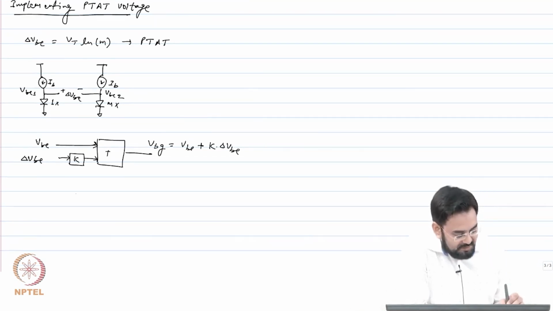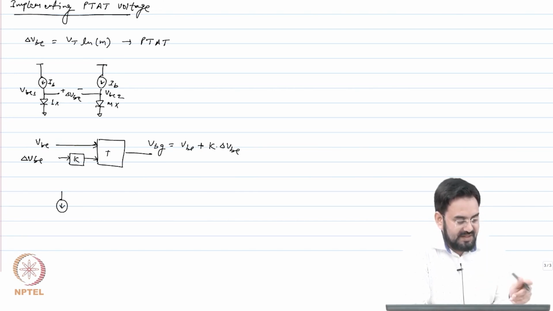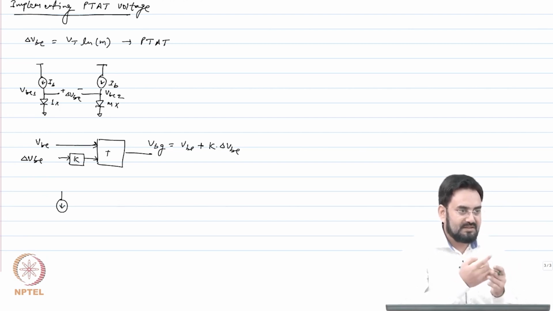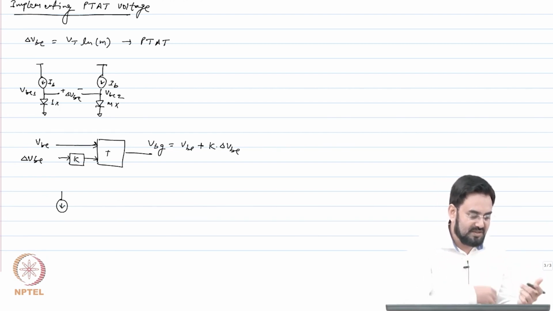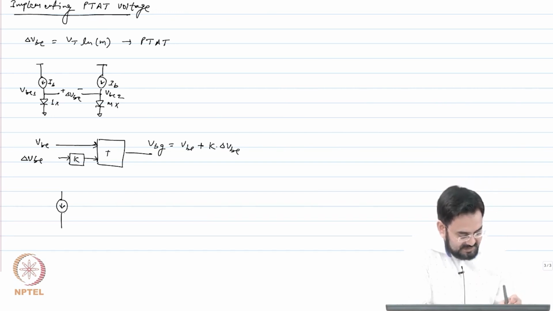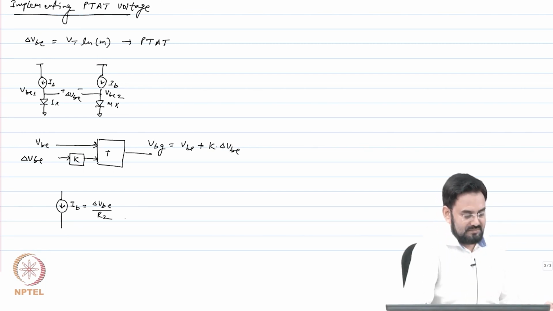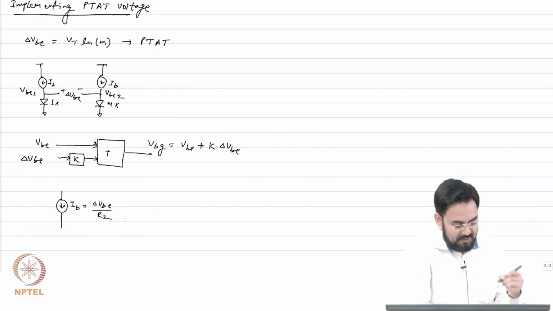So, one possibility could be, instead of taking the difference of two voltages, I can first generate the current and dump it into the resistor. So, let us see. So, let us say this guy is IB equal to delta VB by R2, and I will come to how to generate this.